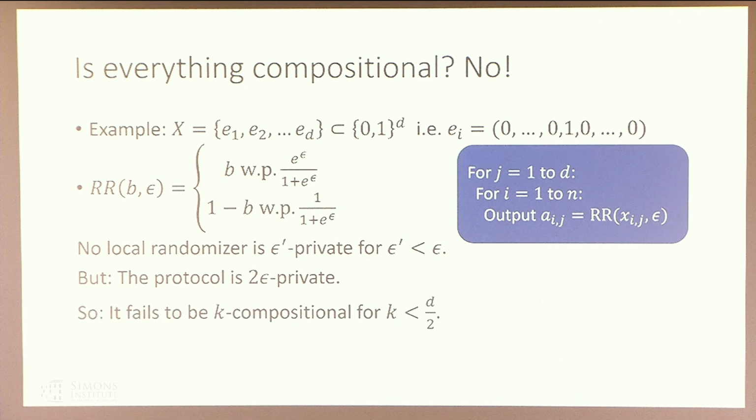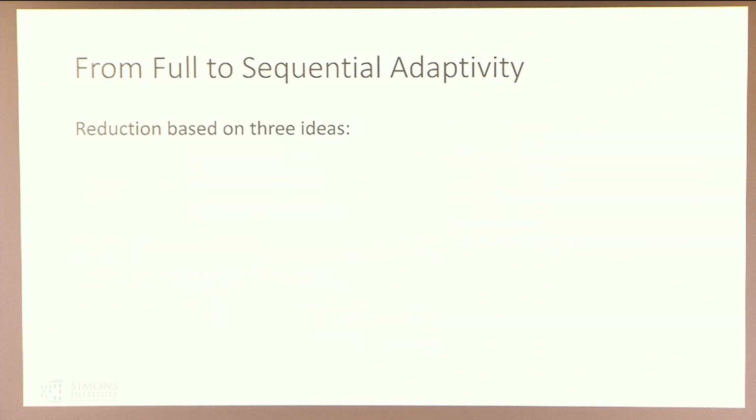So this protocol fails to be k compositional for any k less than d over 2. And we can take d to be as large as we want. So it's not that one compositional mechanisms are all there is. One compositionality is what you get if you only analyze your algorithm using the composition theorem, but there are algorithms that have non-compositional analyses.